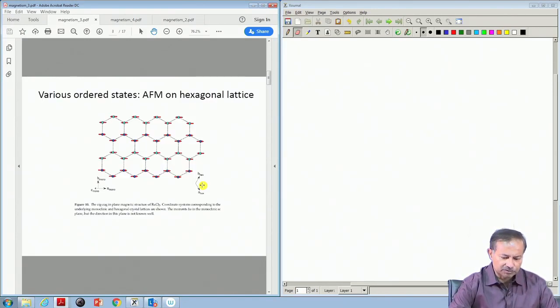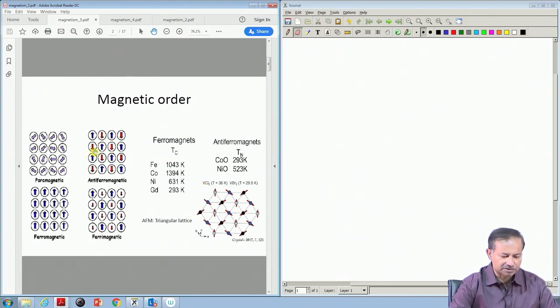For example, if you go back to any of these pictures, not the first paramagnet, but the ordered ones, ferromagnet, ferrimagnet or antiferromagnet and so on. If you know the spin of any moment anywhere in this, then you know the spins of every other moment.